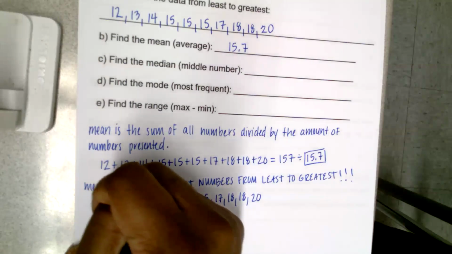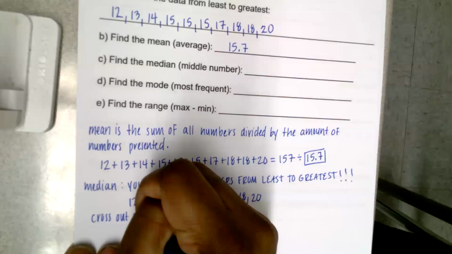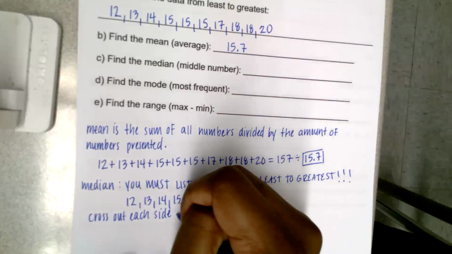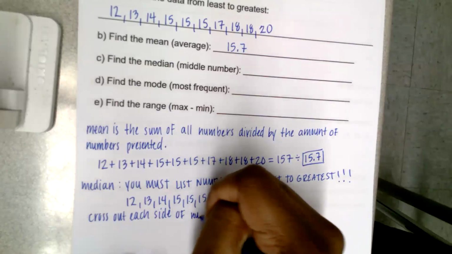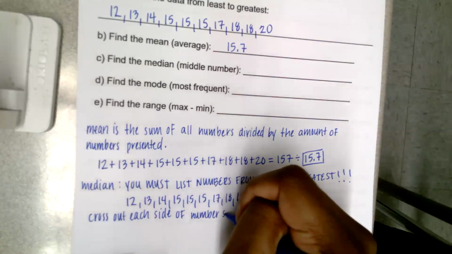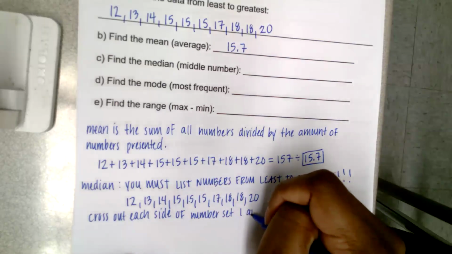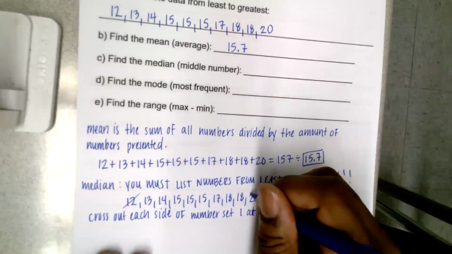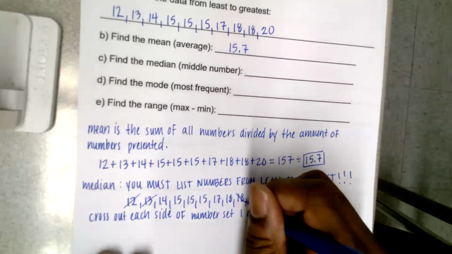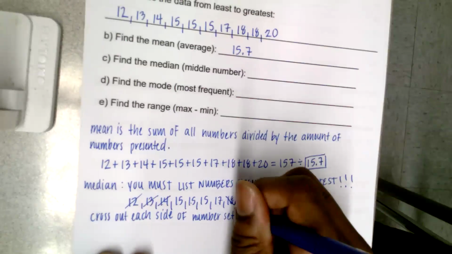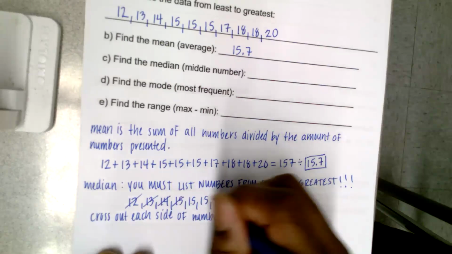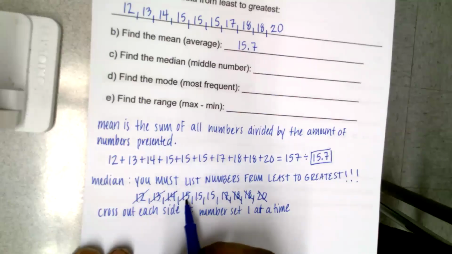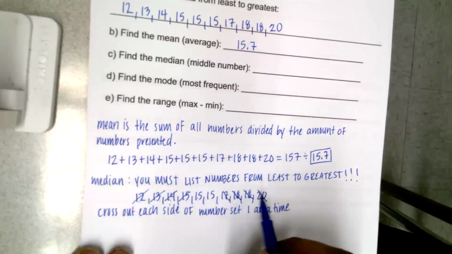So if I cross out 12, then I have to cross out 20, 13, 18, 14, 18, 15, 17. Okay. And then 1, 2, 3, 4, I know that it's 4 on one side, 1, 2, 3, 4.